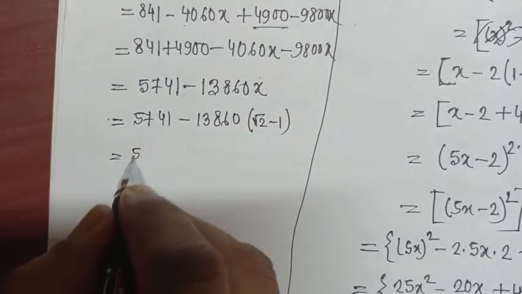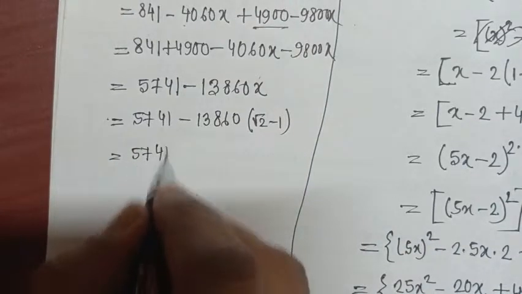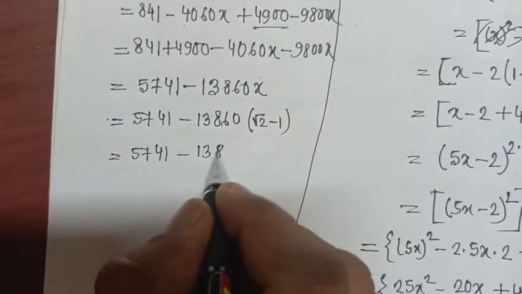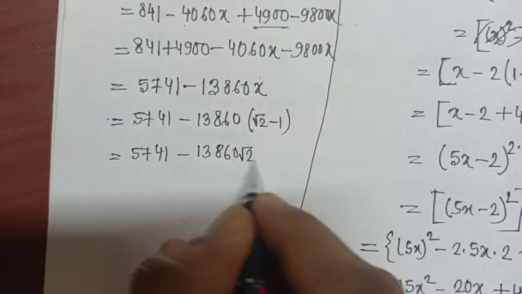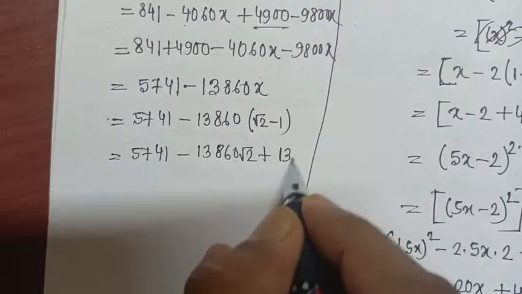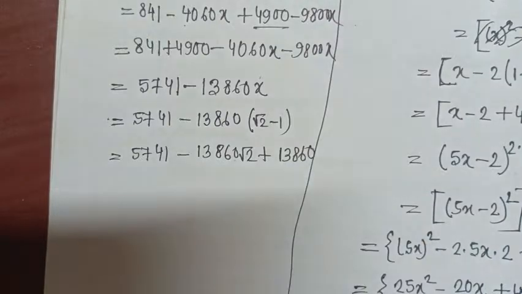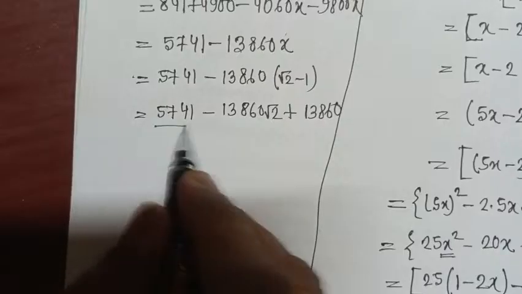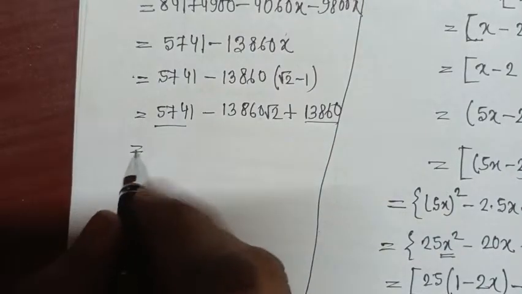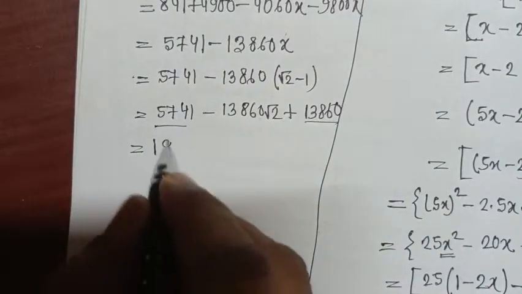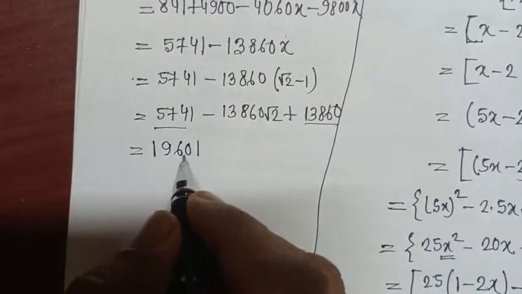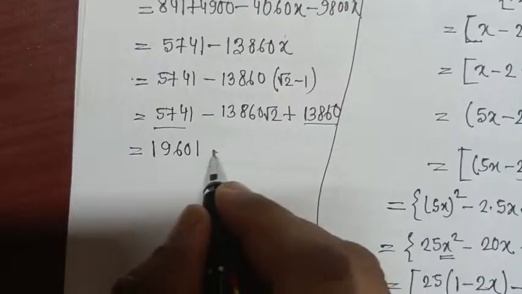Then we get 5741 minus 13860 root 2 plus 13860. Now if we add these two, we get 19601 minus 13860 root 2.